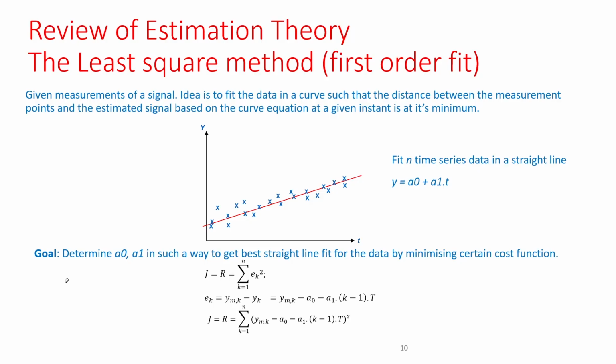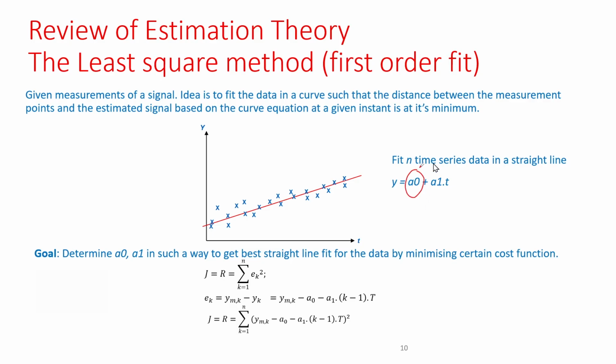So, we started with least square estimation. We discussed the generalized least square, and the least square for a first order time domain signal. When it is a first order signal, that means it is only position and velocity. So, it is a kind of linear fit.